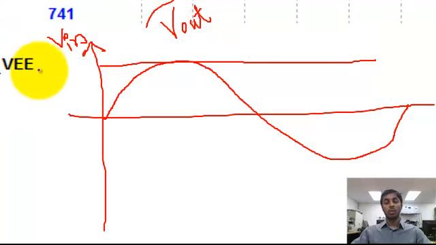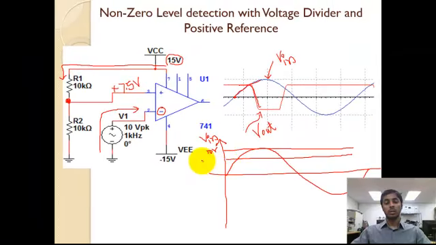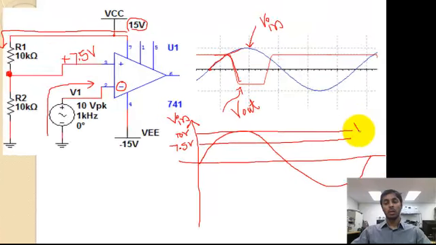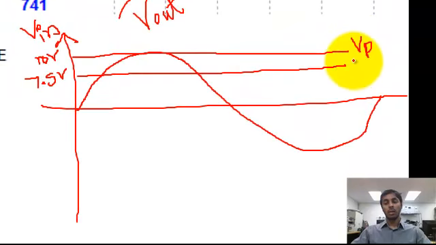The peak of the signal is 10 volts and the reference is still positive 7.5 volts. So that's the peak of the signal and this is the reference voltage. The reference voltage will meet the positive half cycle at 2 points.